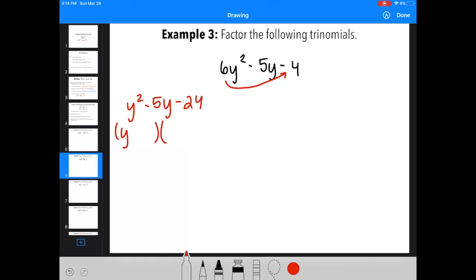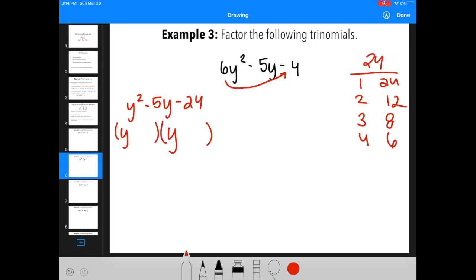Now it's time to factor. So I'm going to have y times y. All right. Whew. Factors of 24. Multiples of 24. 1 and 24. 2 and 12. 3 and 8. 4 and 6.